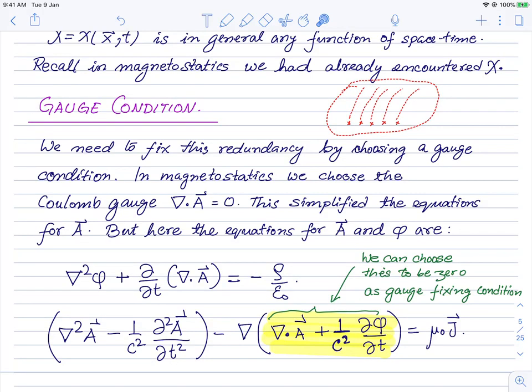But in order to describe the physical situation uniquely, we have to make a choice or put an additional condition, apart from the dynamical equations, on the potentials phi and A, so that the solutions of phi and A with that additional condition describe physical situations uniquely, and there's a one-to-one correspondence between the solution space of phi and A and physical situations. I hope this point is clear to you.